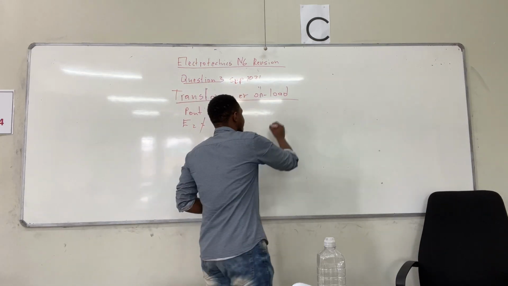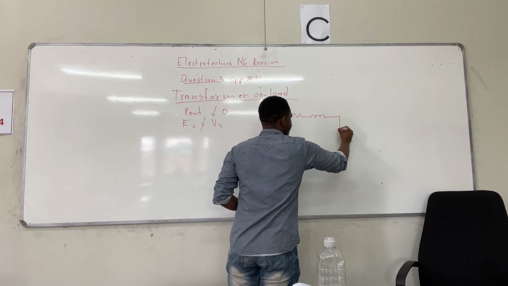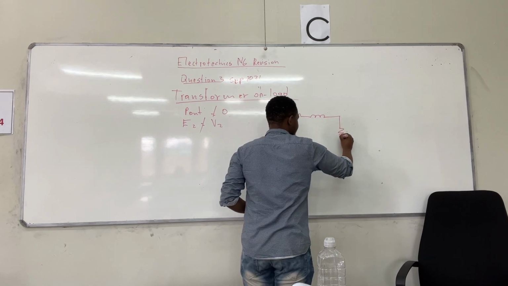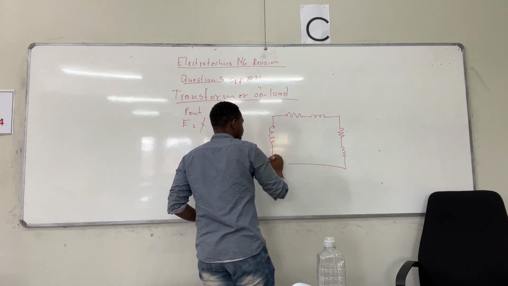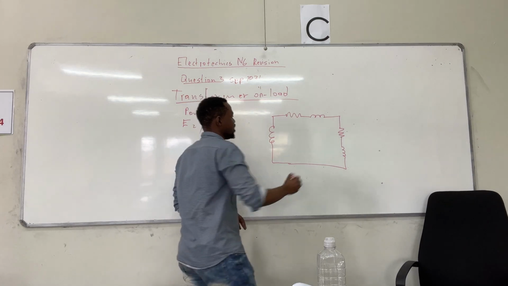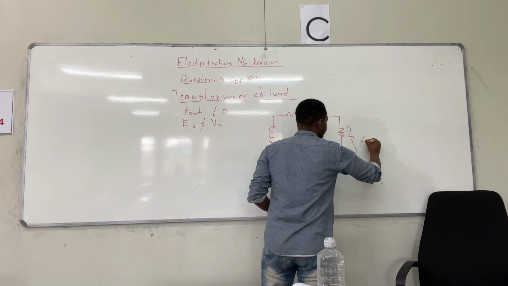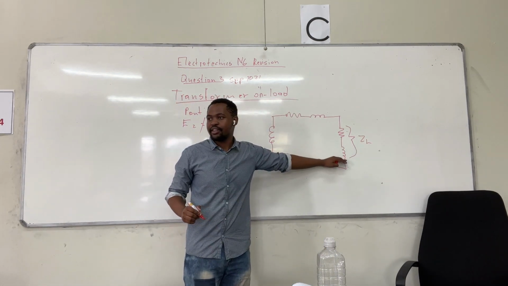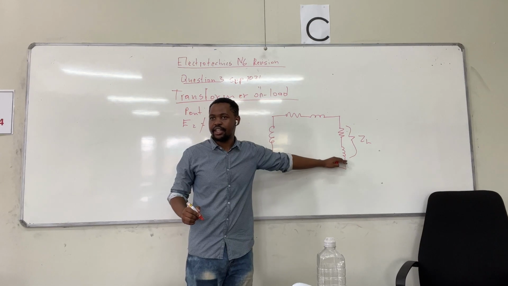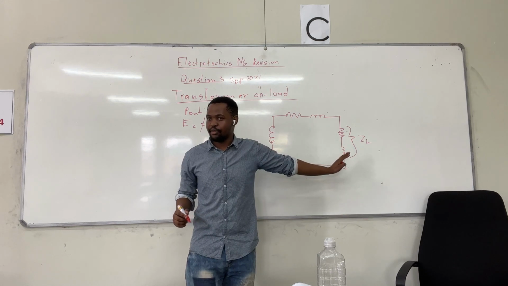Let me just draw the secondary, just to show you an explanation there. Here is my load, ZL. And my load has a resistor and a what? An inductor. The load that is connected to the secondary side of the transformer.